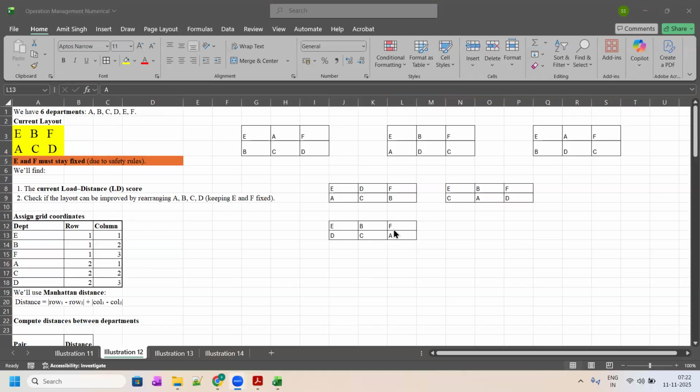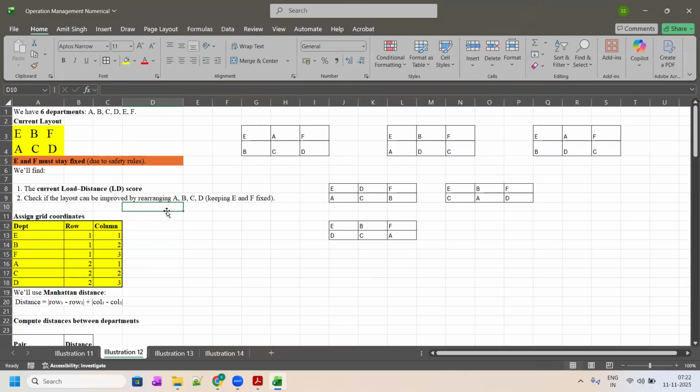So we cannot work on all 24 possibilities here, but we need to understand how to do this. This is called the Manhattan distance formula. We know how to do this, whatever our grid layout would be.